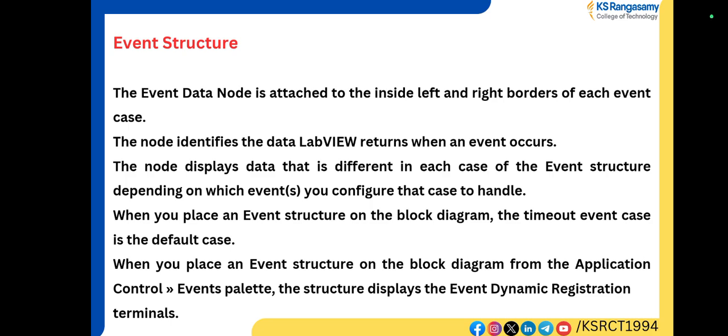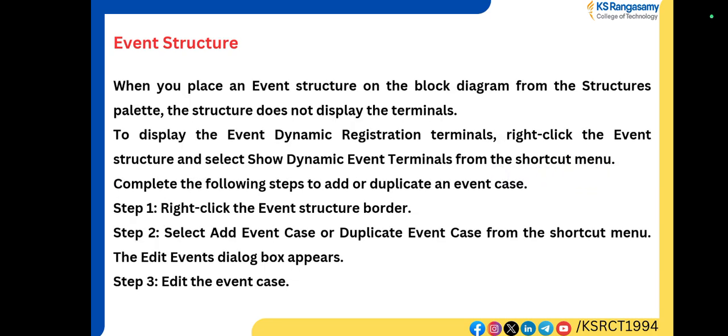When you place an event structure from the structure palettes, the structure does not display the terminals. Then to display the event dynamic registration terminals, right click on the event structure and select show dynamic event terminals from the shortcut menu.